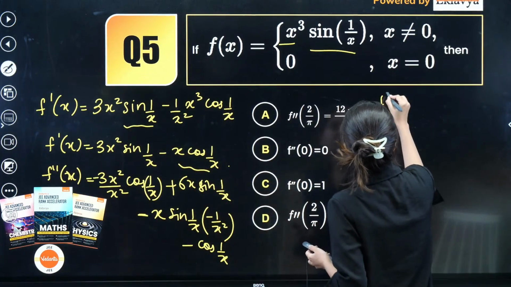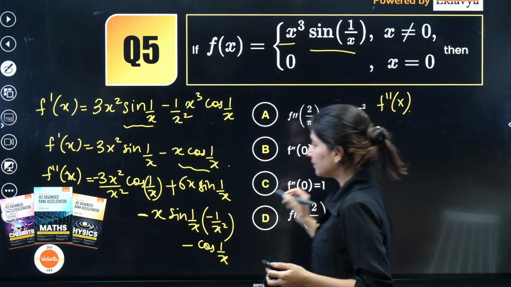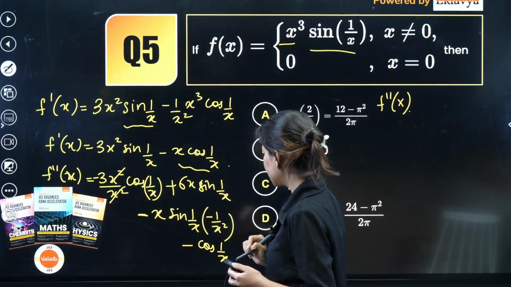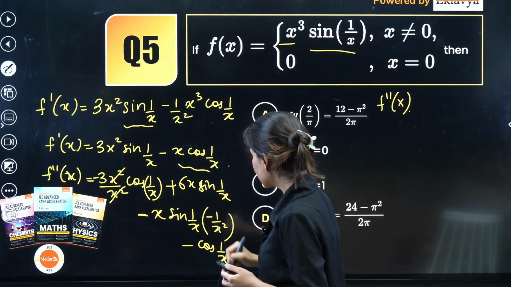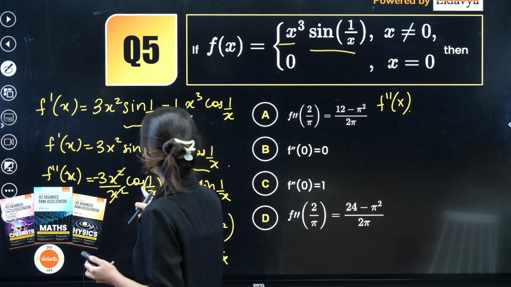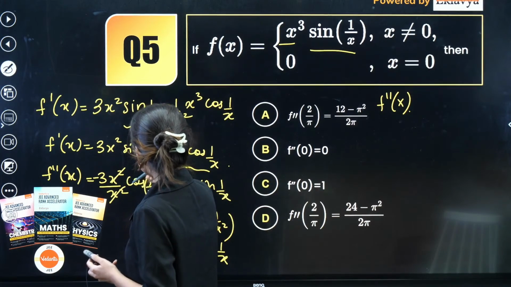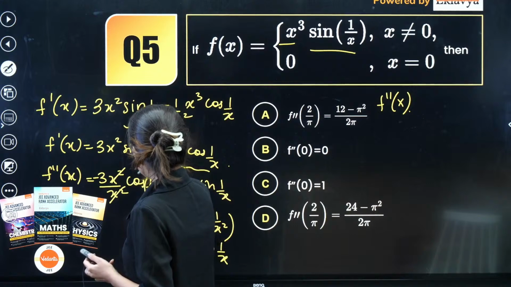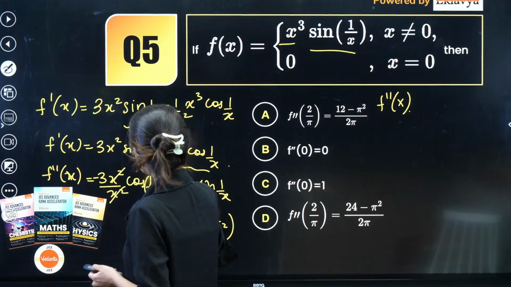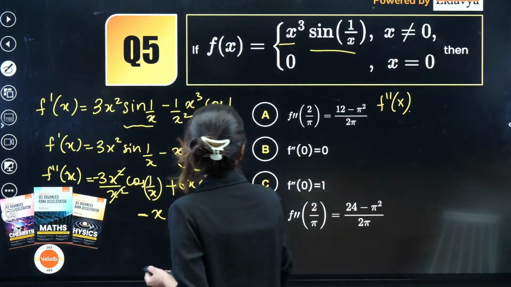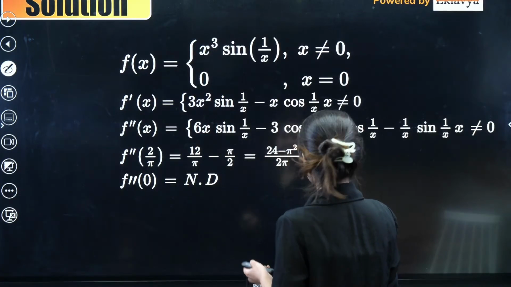Now write it nicely. f double dash x. x square gone, minus 3 cos 1 by x, and this is minus cos 1 by x, so this is going to be plus what? This is f dash x, so the derivative of sine is cos 1 by x. Yes, correct, minus 3 we have and minus, so minus 4.